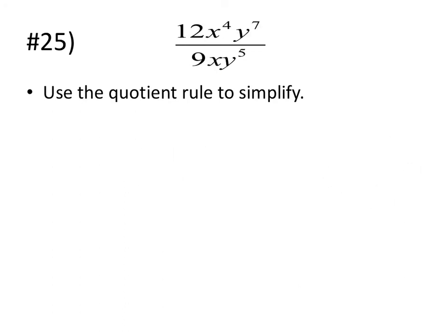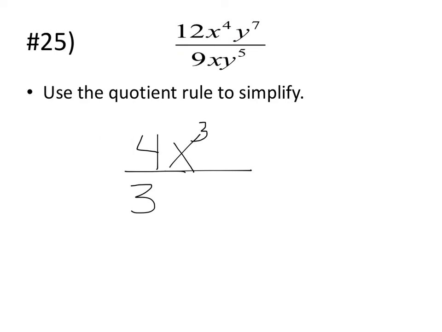Now number 25, 12 over 9 does not divide evenly, but we can still reduce it. 3 goes into both of them. So we're going to reduce it to 4 over 3. Now let's look at x to the 4th over x. We know our base is going to be x, and there's more x's in the numerator, so it's going to go in the numerator. How many more x's in the numerator? 3.